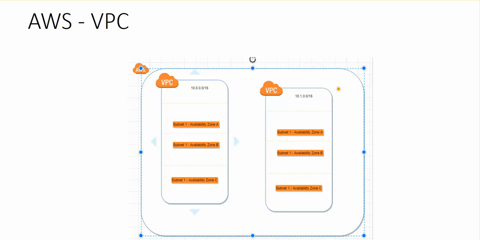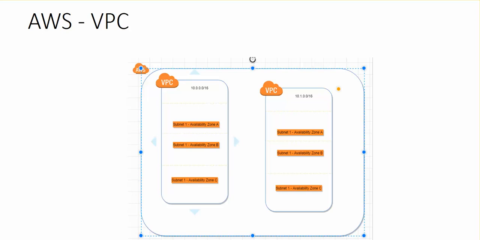When we create a VPC, we have to specify the IP address range of our own network. It means all the instances or networking resources within this VPC should fall within this IP address range.